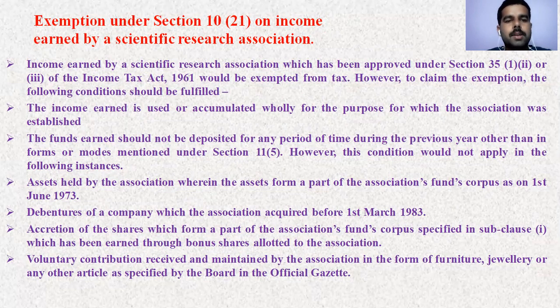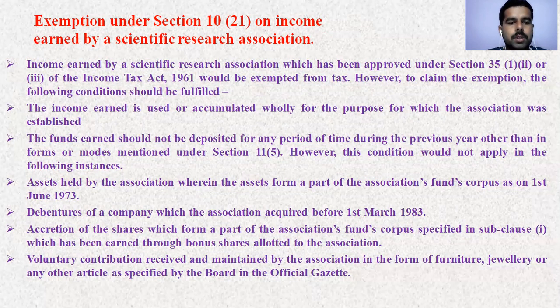The income earned is used or accumulated wholly for the purpose for which the association was established. The funds earned should not be deposited for any period of time during the previous year other than in the forms or modes mentioned under section 11(5). However, this condition would not apply in the following instances.